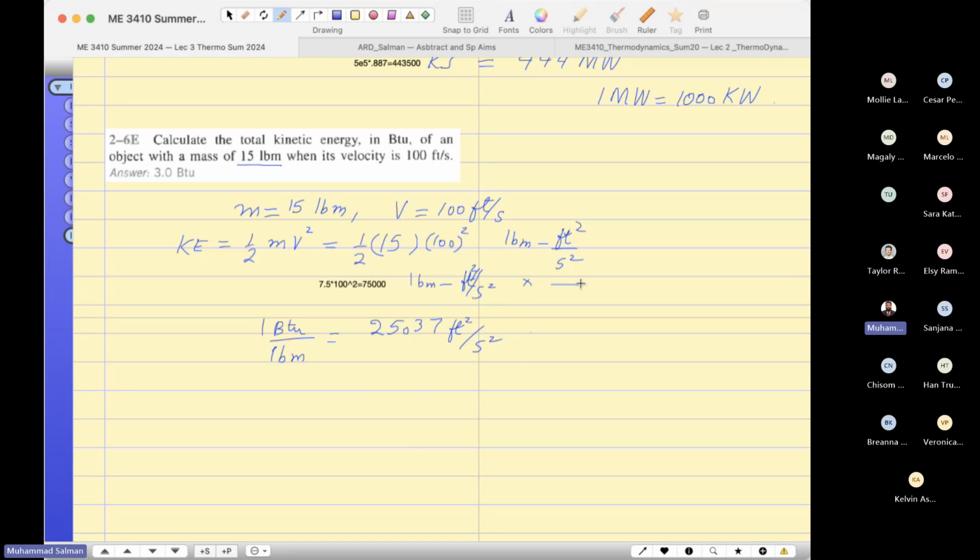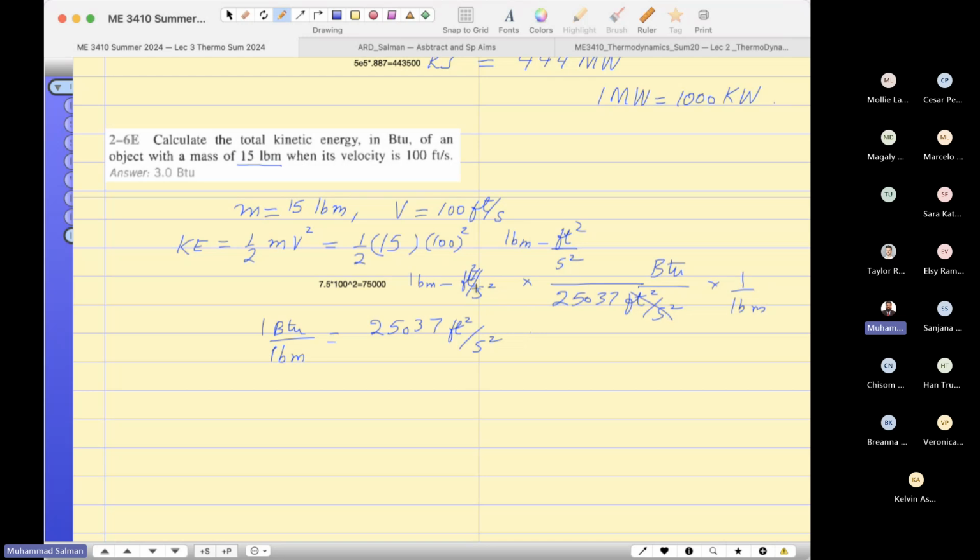So if you divide this by 25037 feet square second square times BTU per pound mass.